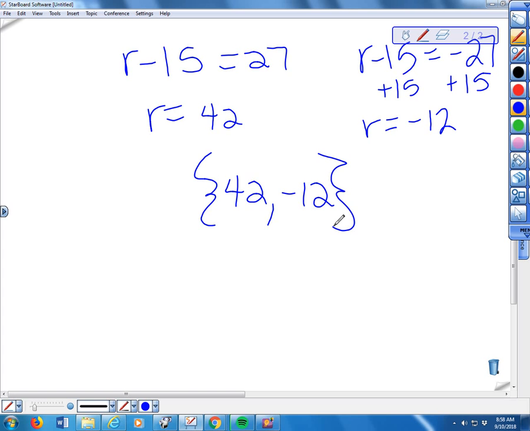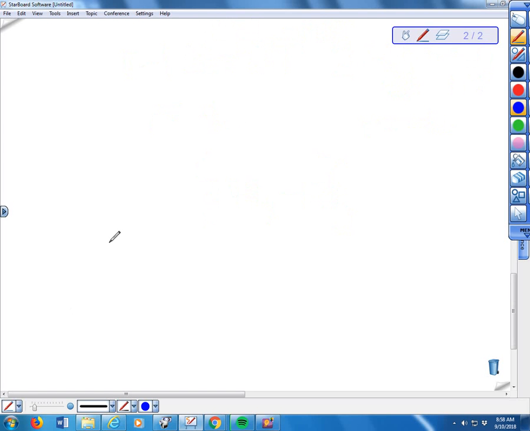Okay, this one, solve the given inequality. Describe the solution set using set builder or interval notation, either one, then graph the solution set on a number line. So let's do this. What's the first thing I do? Add 6.